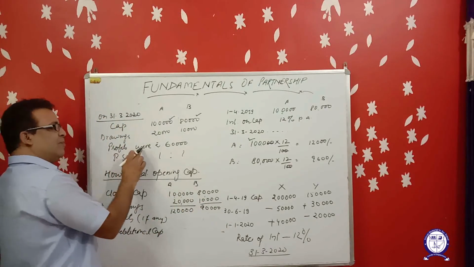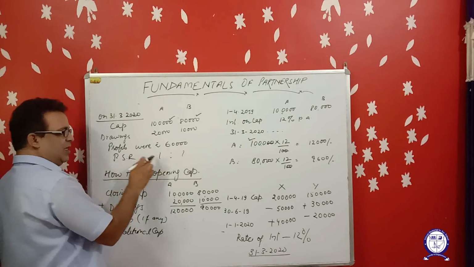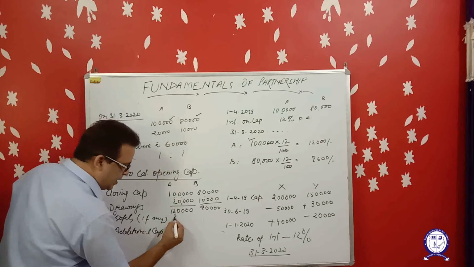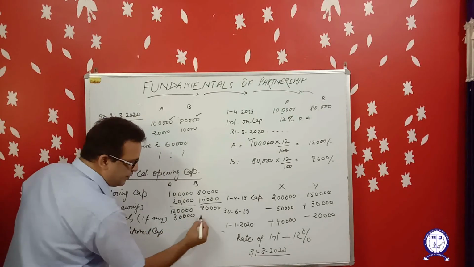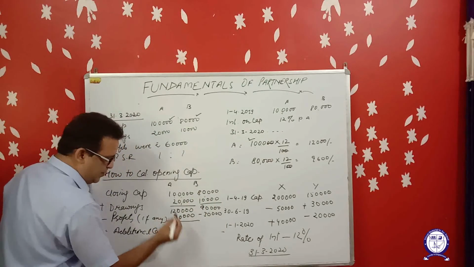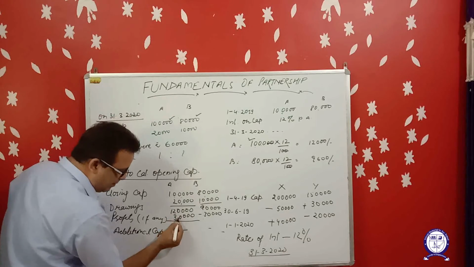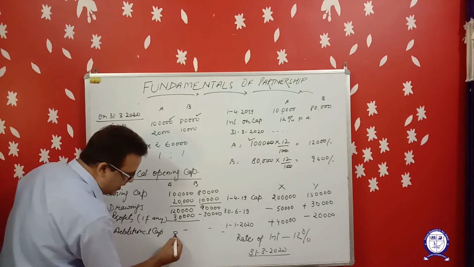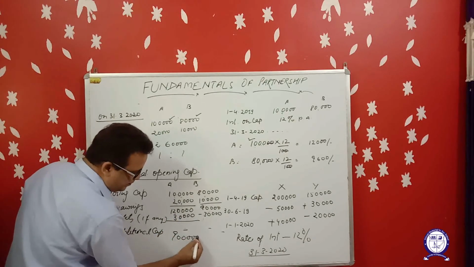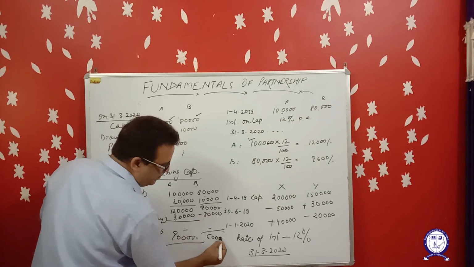Minus profits. Profits were rupees 60,000 and these are distributed in profit sharing ratio, that is equal. So 30,000 minus 30,000 from each capital. No additional capital is given. So the opening capital will be 120 minus 30, 90,000, and 90 minus 30, 60,000.